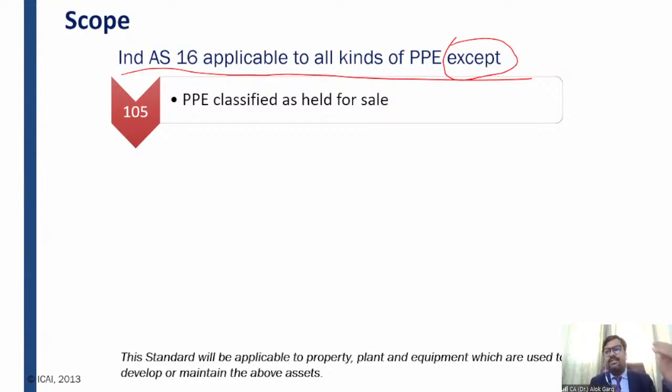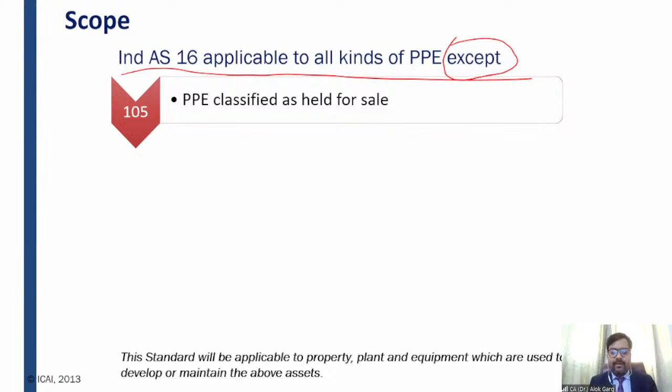Some conditions and criteria are given in Ind AS 105, but the crux of the story is, if a property, plant and equipment, not inventory, which is a non-current asset, is classified as held for sale, then it will not be covered under Ind AS 16. It will be covered under Ind AS 105.